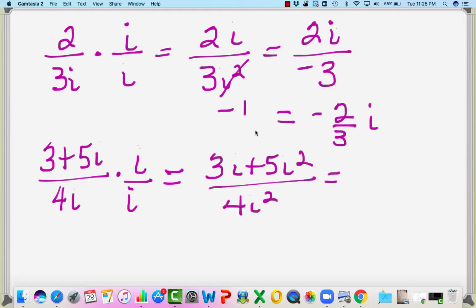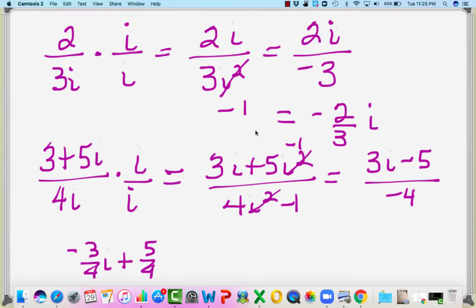But again, that would simplify to 3i, but i squared is -1, so that becomes -5. i squared on the bottom is also -1, so that becomes -4. So that's -3/4 i plus 5/4, because -5 divided by -4 will be +5/4. But in standard form, you rearrange that to 5/4 minus 3/4 i.